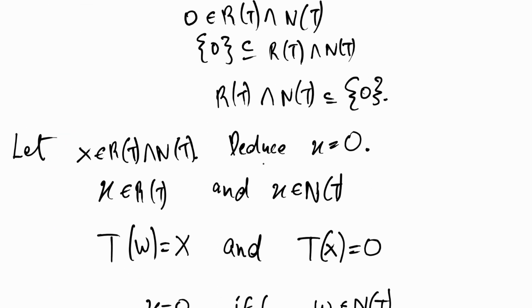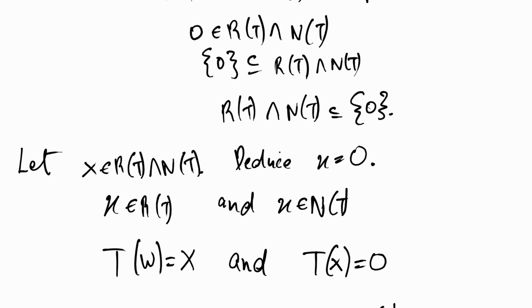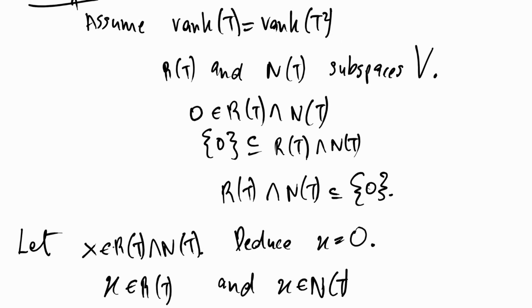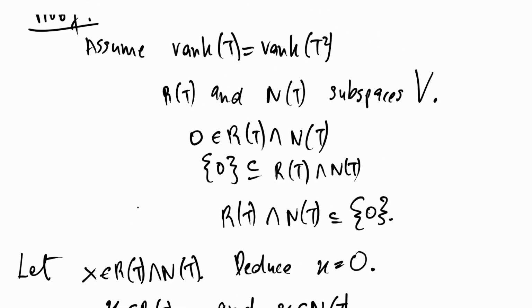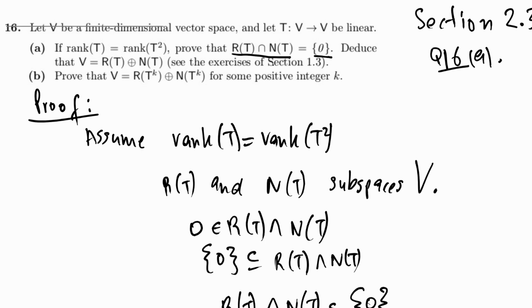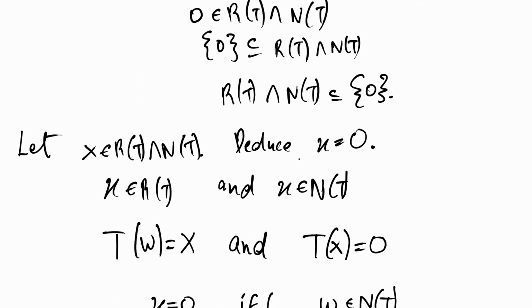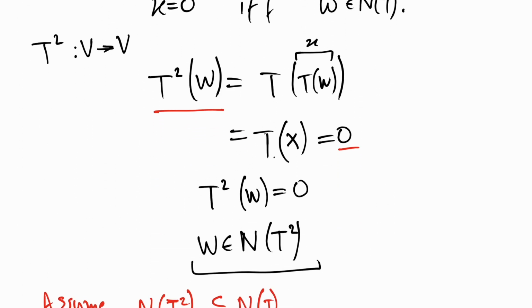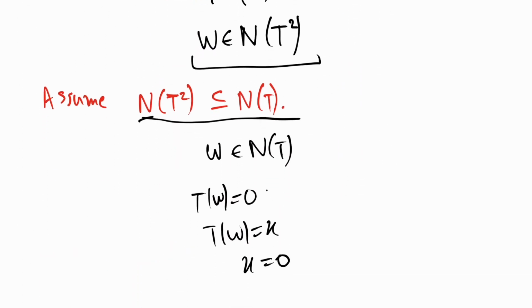And since X is equal to 0, we've completed our proof that if X is in RT intersection NT, then X is equal to 0, which means that this entire thing is equal to the set containing 0. Now here's the thing. How do we prove this part? We can't just assume this and write down a proof, right?